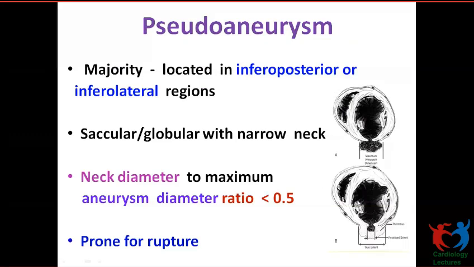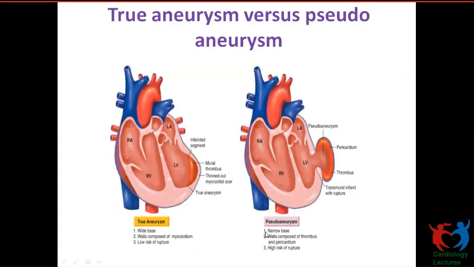Most often you see pseudoaneurysms in the inferoposterior or inferolateral region, sometimes the basal septum also. Usually they are circular or globular. One point you should remember is that the ratio of the neck diameter to the aneurysm diameter will be less than 0.5. And as you know, it is prone to rupture.